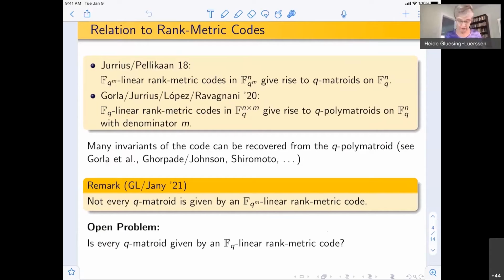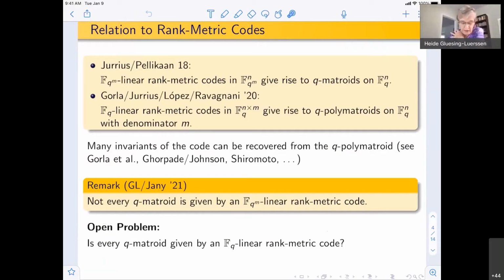Not necessarily the least denominator, but it is one. Of course, we could swap the roles of n and m, but let's focus on this one. So rank metric codes give rise to q-matroids if they are linear over an extension field, and in general, if they are just linear rank metric codes, they give rise to q-polymatroids. That's the reason why they show up now in the coding literature as well.